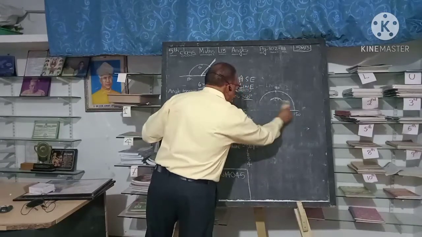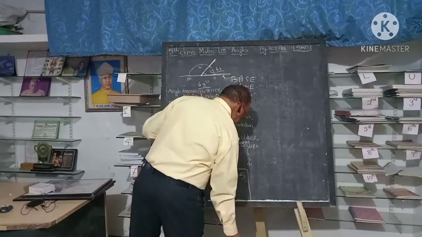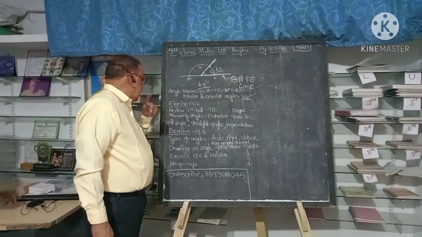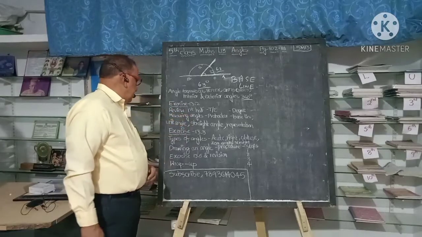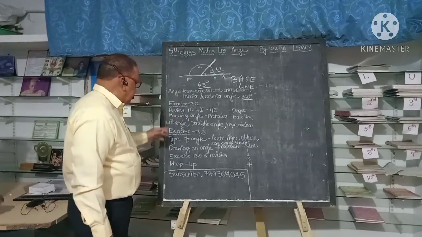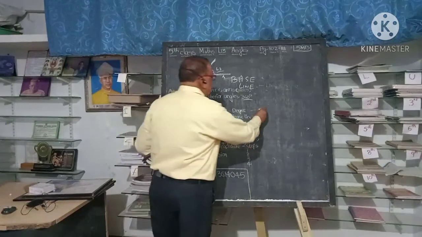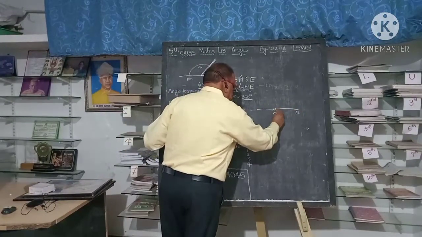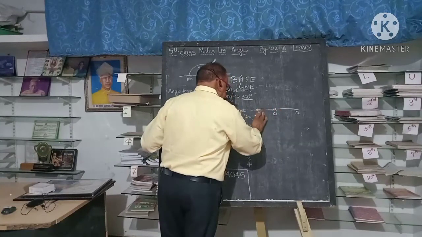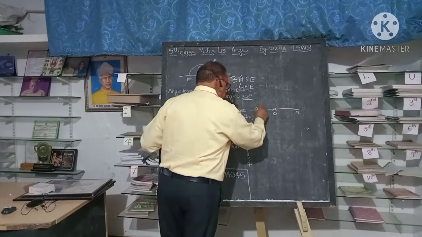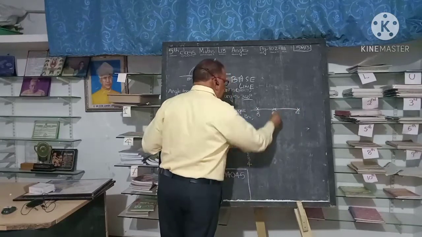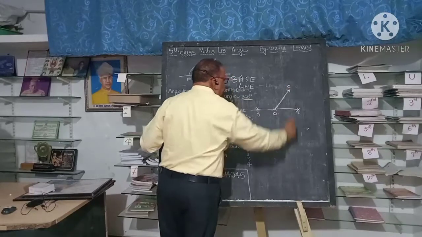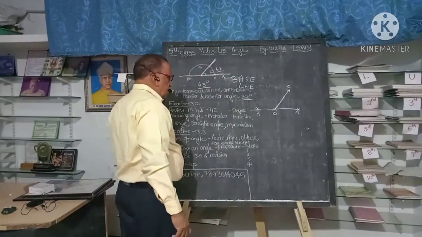Okay, all right. So we learned about baseline, and we also learned how to measure an angle with the help of a protractor. Now the unit angle and straight angle. Suppose there is a line, this is A, O, and this is B. Suppose there is a line like this, that's an arm or a side OC.